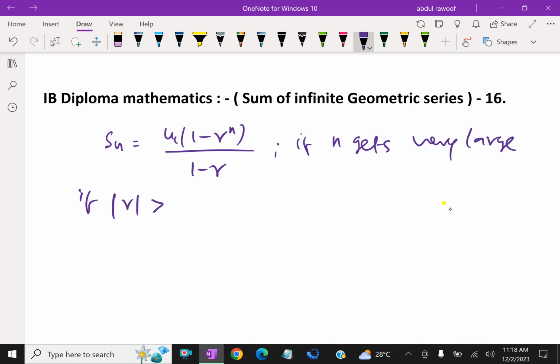Consider the situation where the modulus of r, the absolute value of r, is greater than 1.